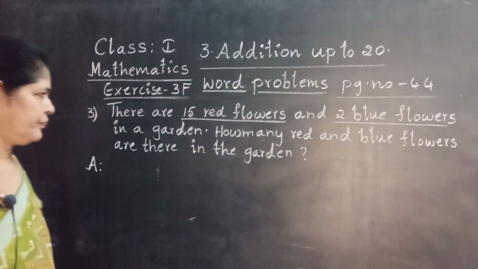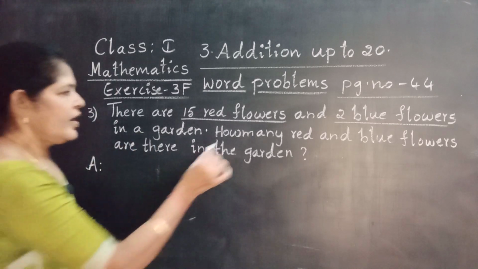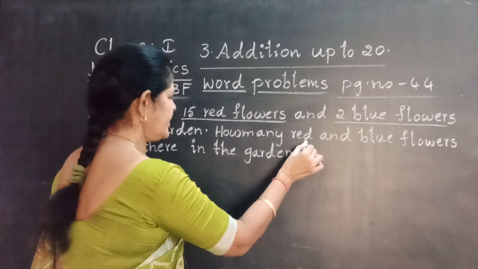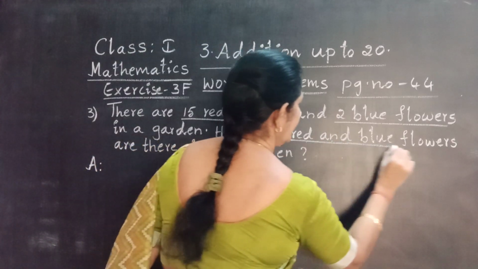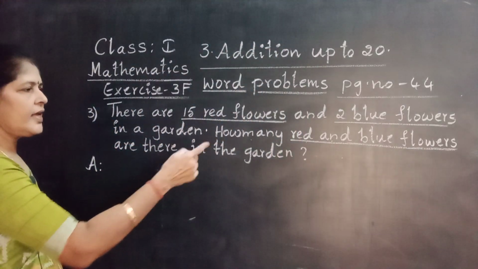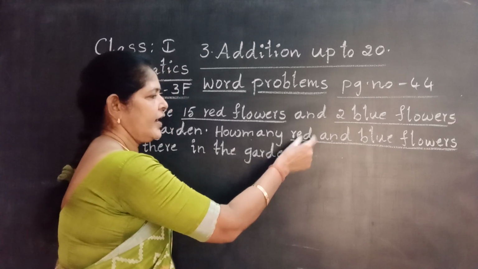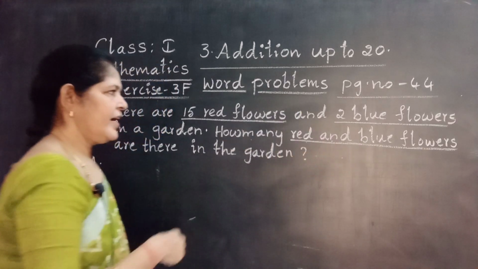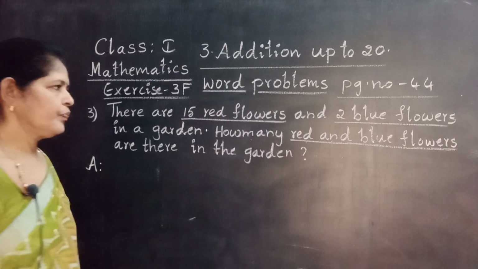Again underline. In a garden, how many red and blue flowers are there? Here we are going to put together red and blue flowers. We are going to add 15 and 2.